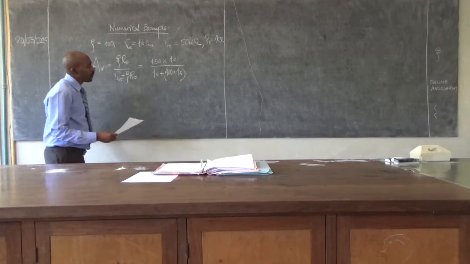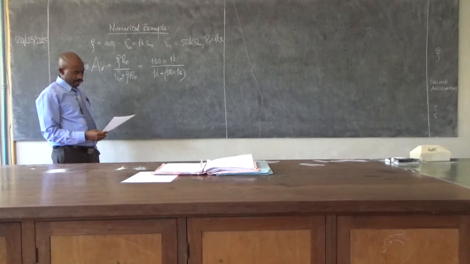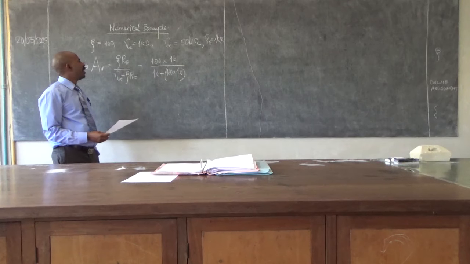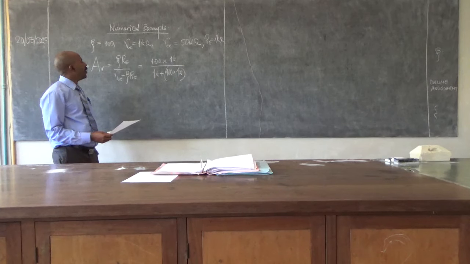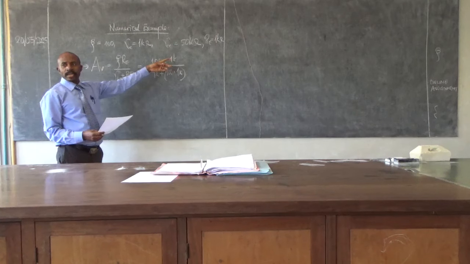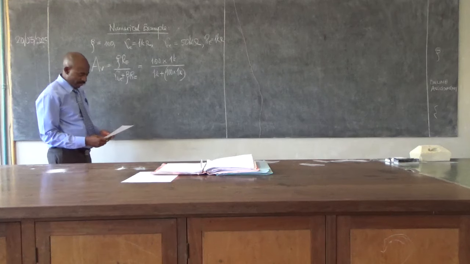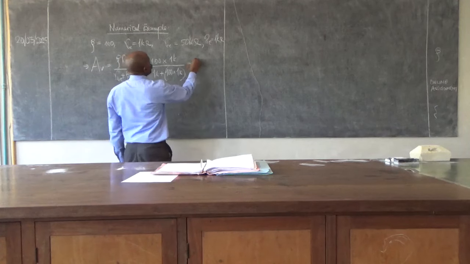And this will be the same as 100,000 over, the other k goes, if we factorize away k, we have 100 over 100 plus 1.